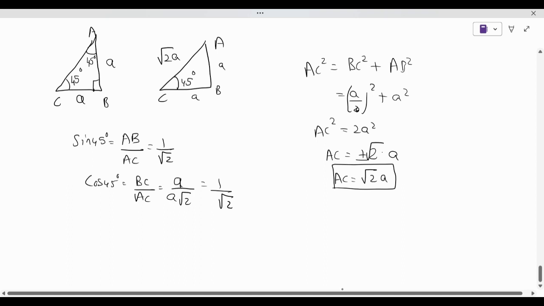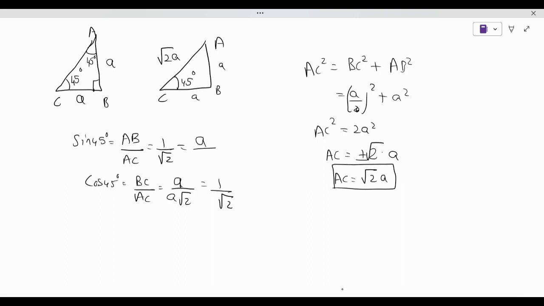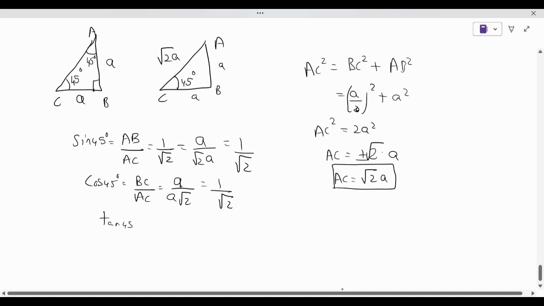If you have not understood, AB by AC is AB by root 2A, which is also equal to 1 by root 2. Tan 45 degree is equal to sine 45 degree by cos 45 degree, which is equal to 1 by root 2 by 1 by root 2. They both cancel and become 1.